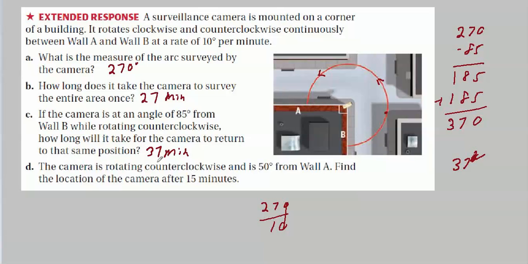What about the last one here? The camera is rotating counterclockwise, and it's 50 degrees from wall A. Well, let's see here. That's about half of a 90-degree angle, so call that 50 degrees from wall A. It's going counterclockwise, so now it's going the opposite direction.